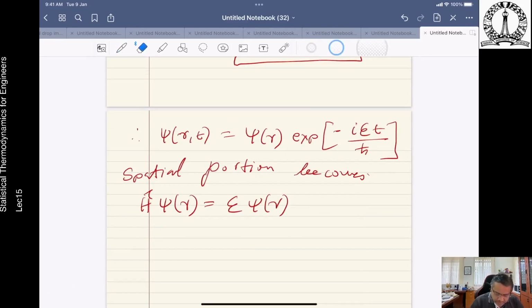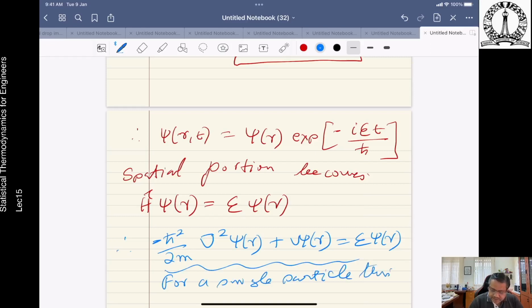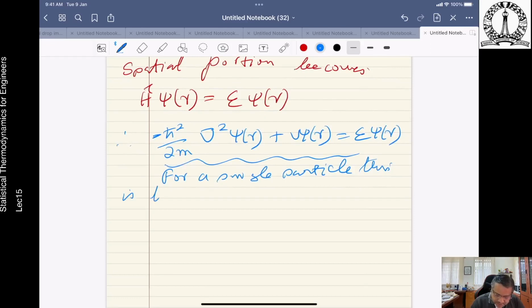So therefore, minus h bar squared by 2m, del squared psi(r), plus V psi(r), equal to E psi(r). It's for a single particle. This is the steady state Schrodinger wave equation.